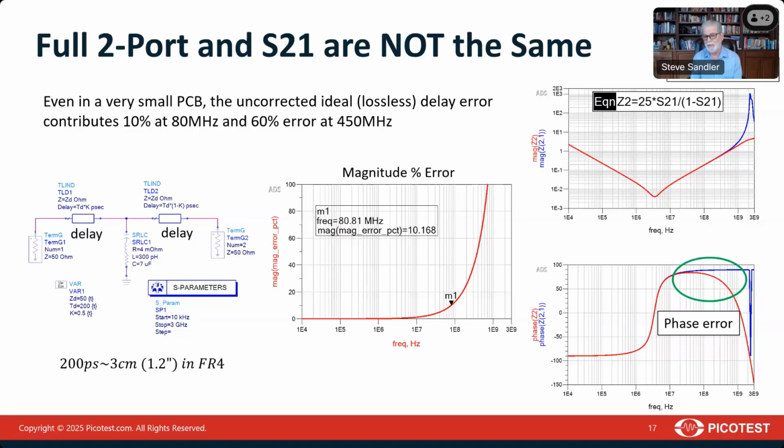And many of us know that impedance is 25 times S21 over 1 minus S21. That is a very simplified approximation, but it also assumes that our path is 50 ohms. And if we add a delay, well, that starts to look inductive. And so at higher frequencies, it's not 50 ohms anymore. And so 25 S21 over 1 minus S21 and a true two-port shunt-through measurement start to diverge by around a couple hundred megahertz.